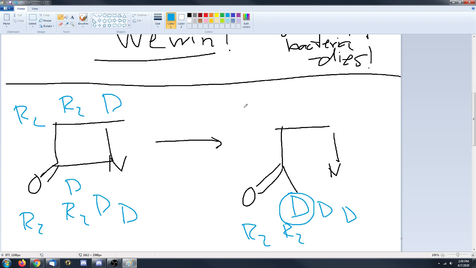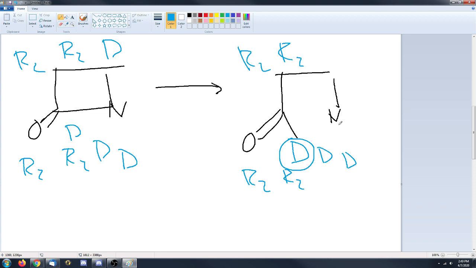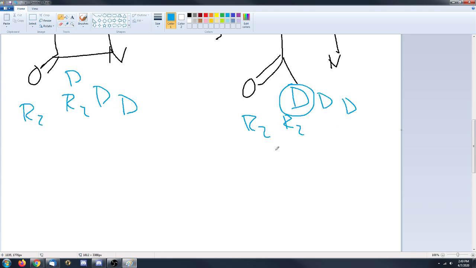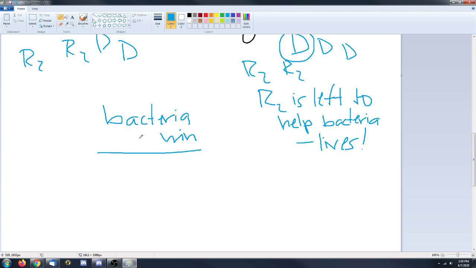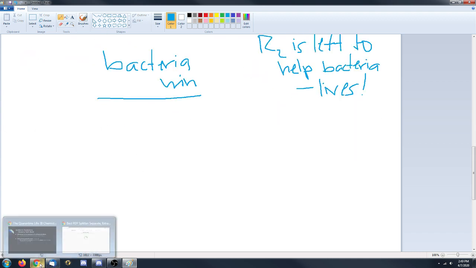Remember, the R2 is the one helping the bacteria. So R2 is left to help bacteria. Bacteria lives. So we can say bacteria win this round. Okay. We'll go back to this because we're not done yet.